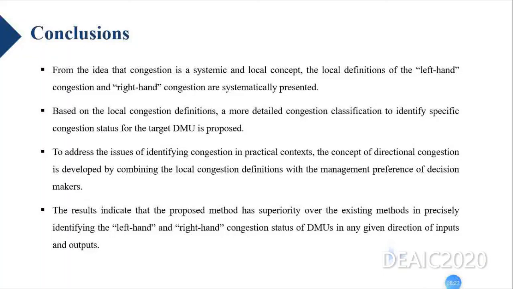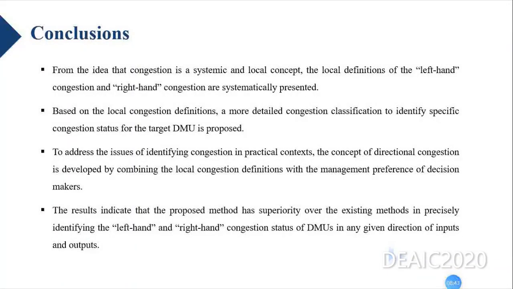Thirdly, to address the issues of identifying congestion in a more practical context, the directional congestion is developed by combining the local congestion definitions with the management preference of decision makers.